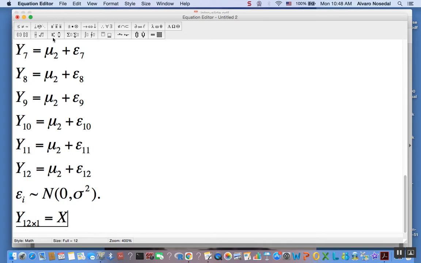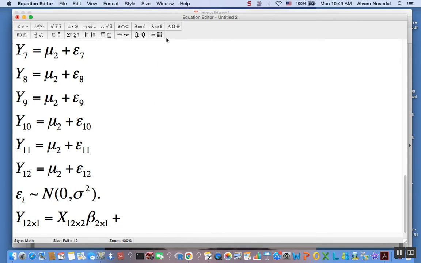So my design matrix would have two columns, 12 rows by 2 columns, and I could have a vector beta, 2 by 1, and that vector beta would have mu1 and mu2 as its elements.